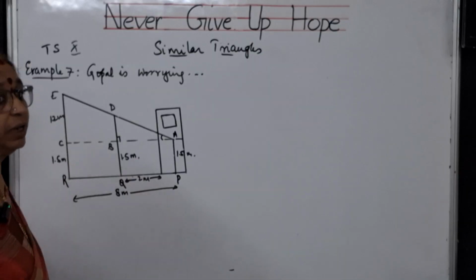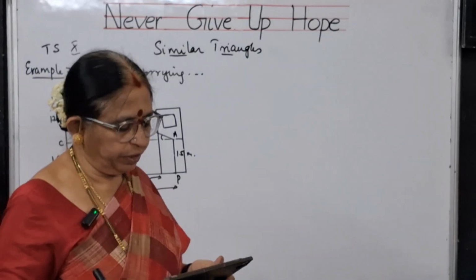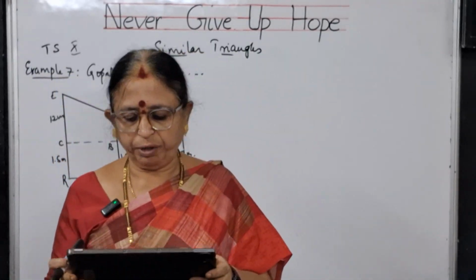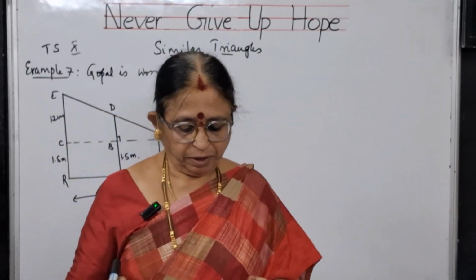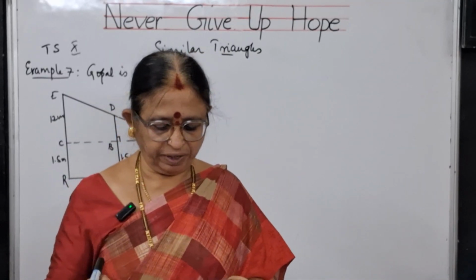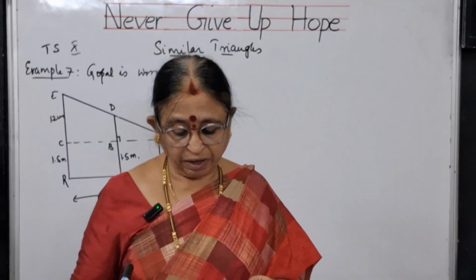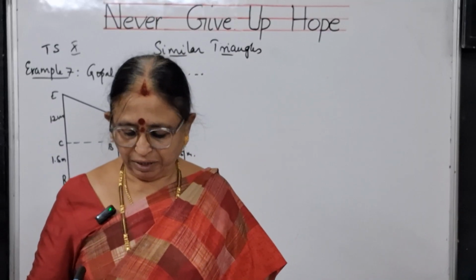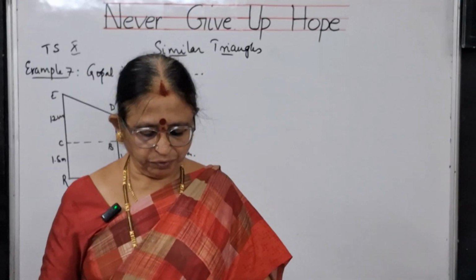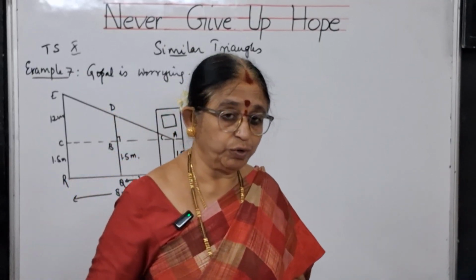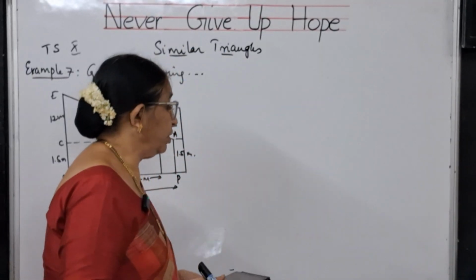That is what is his worry. He has decided to raise the height of the fence that is high enough to block the view of the neighbor's top floor window.